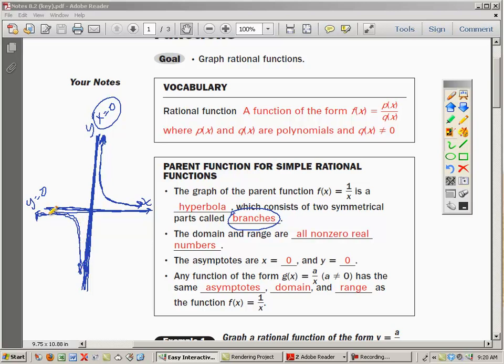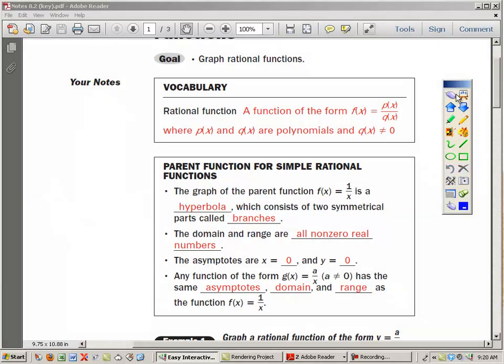All right, so this is a sketch of a hyperbola, and again, you can see the two symmetrical branches. And as we said before, my function is undefined for y equals 0 and x equals 0. So x and y are just basically not equal to 0. All right, so let's take a look at how this actually plays out here.